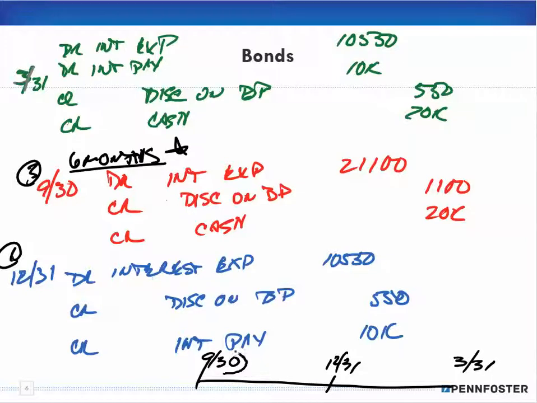From the last time you made a payment, which was 9/30, whatever period time frame, however long that is, you have to prorate it against the entire 6 months.